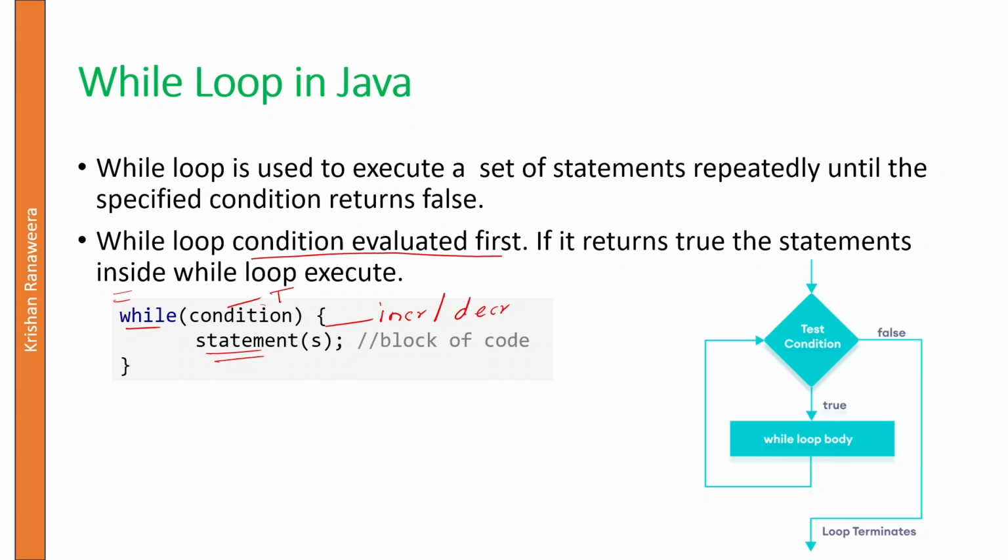But we use a while loop when we don't know how many times we are going to execute. For example, until the user says no or stop, we execute our loop. At that time we can use a while loop. But if you know you are going to take 50 inputs or 100 outputs, at that time you can use a for loop. You can use a while loop also, no issue, right?